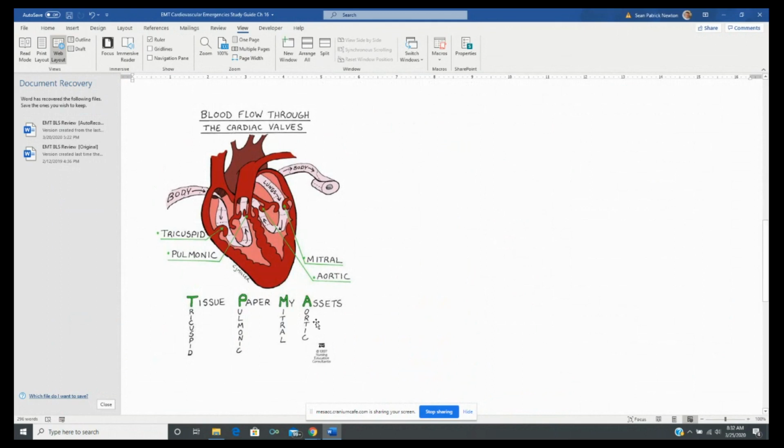So the pulmonic valve is going to the pulmonary system, and the aortic valve is going to the aorta. But the mnemonic that a lot of people like to remember is TP, my assets: tissue, paper, my assets. So T is tricuspid, P, paper, pulmonic, M, my, mitral, A, assets, aortic.